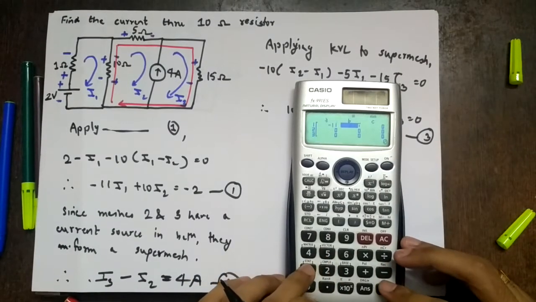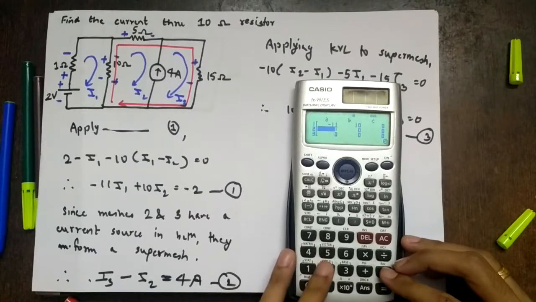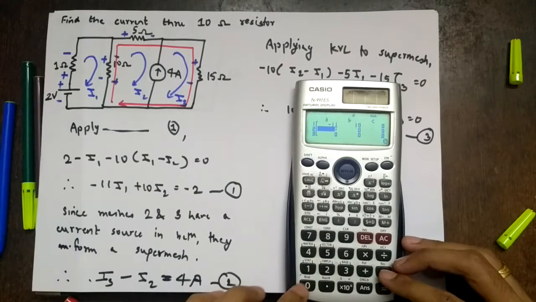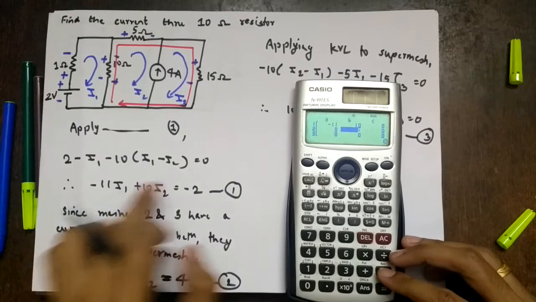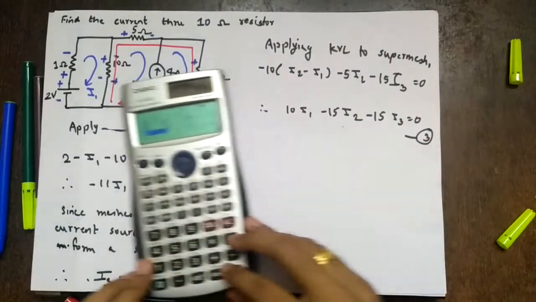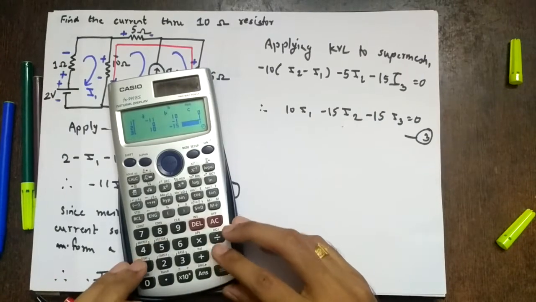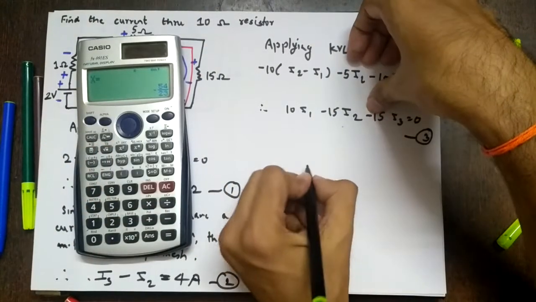Minus 11, 10, I3 is 0 here, so 0 I3, equal to minus 2. Then for the second equation, I1 is 0 I1, I2 is, remember, minus 1, since we have written I3 minus I2, and we require I1, I2, I3. So 0, minus 1, plus 1, equal to 4. Then 10, minus 15, minus 15, equal to 0.